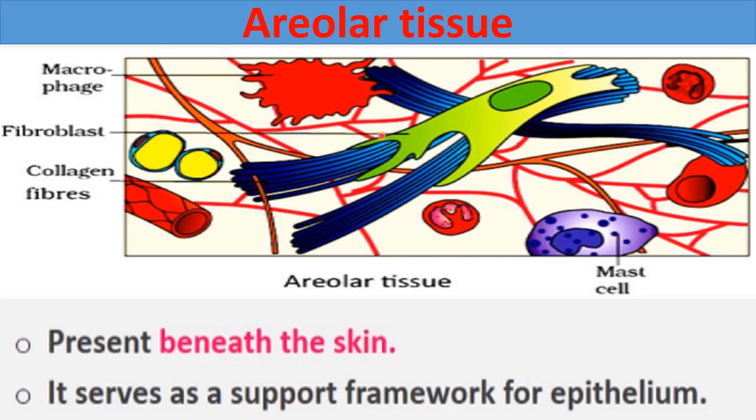That's why the name is fibroblast, meaning they secrete fibers. So you will make this fibroblast cell like this. First of all, make this fibroblast cell, and after that show these fibers which are secreted from these fibroblast cells. These blue colored lines will show the fibers. So these are collagen fibers.